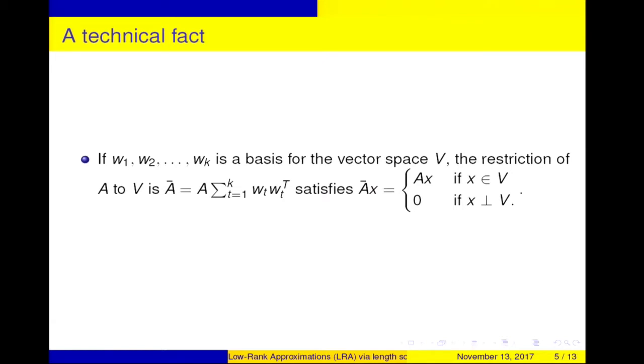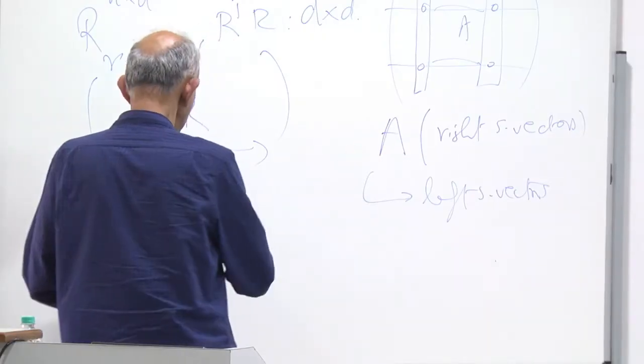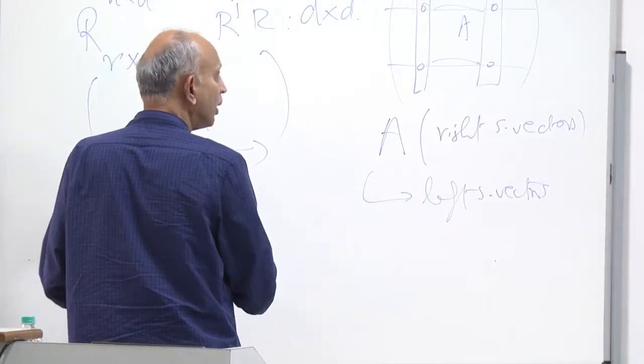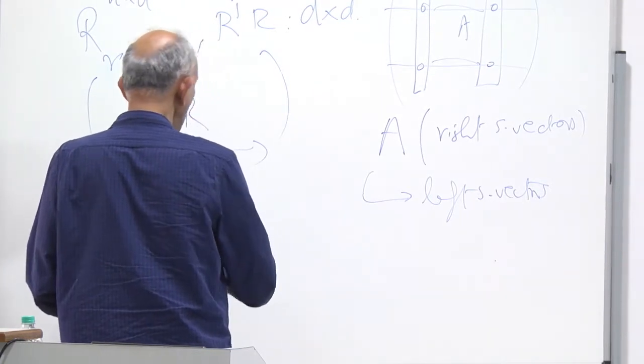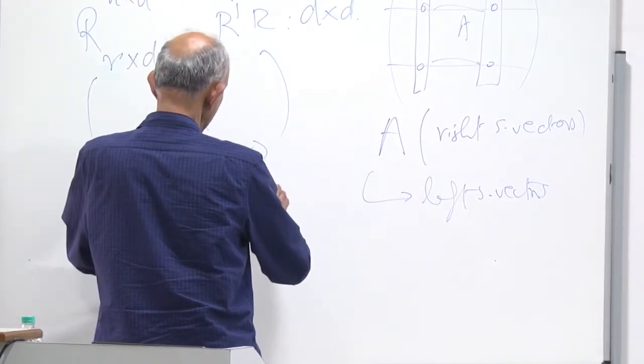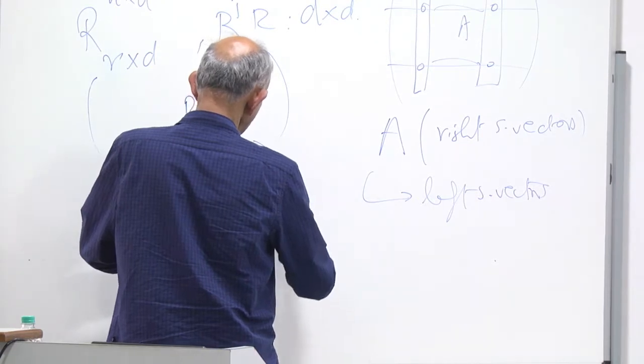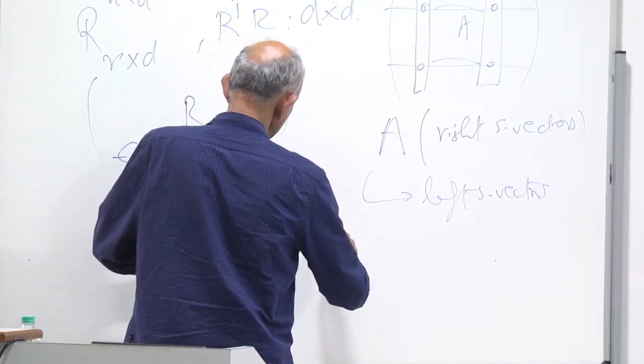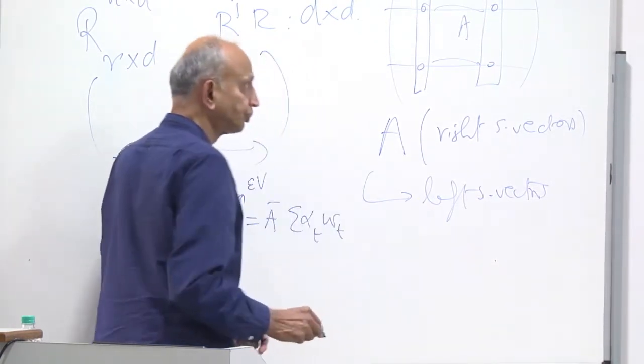The 0 is completely clear. If x is orthogonal to the space V, it's orthogonal to all these w's, so it's 0. And the first one is just a little manipulation, right? So we have A bar x. Now, x belongs to the space, so x can itself be written as the sum of alpha t w t.